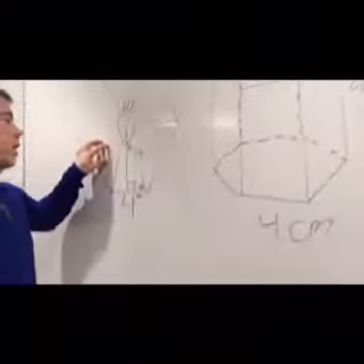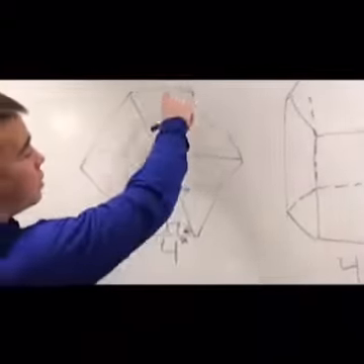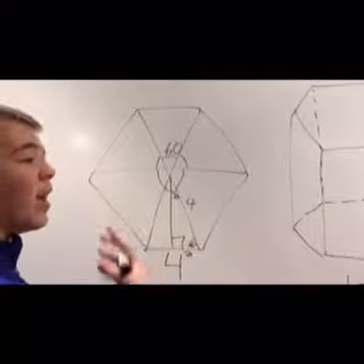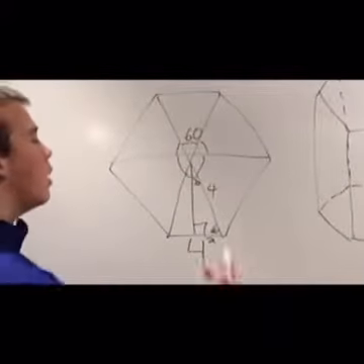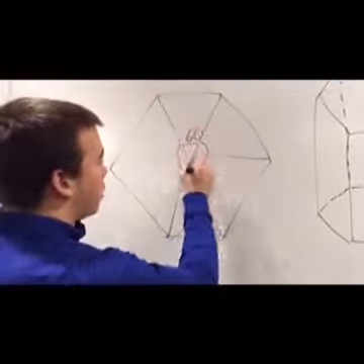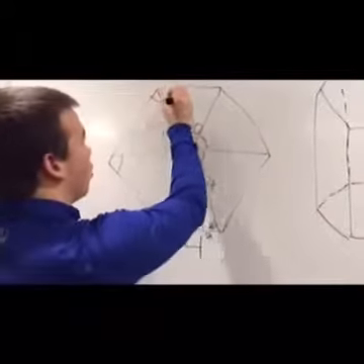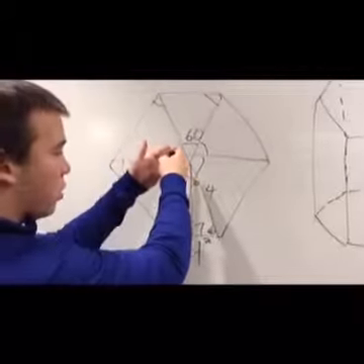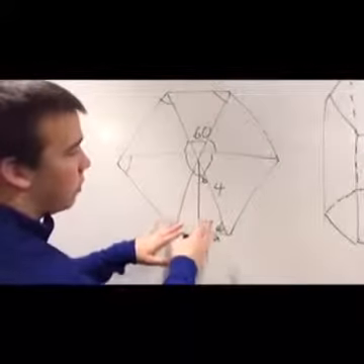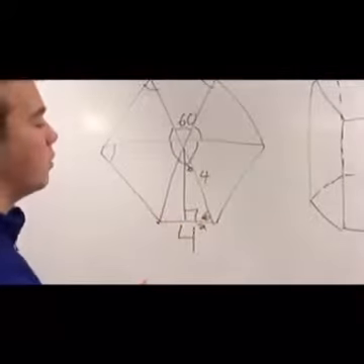So the base over here is going to be a hexagon. And you first want to divide it into triangles. Every time you do that with a hexagon, they are all going to come out equilateral. So all of these angles are going to be 60. Then you split the triangle down the middle to make a 30, 60, 90 triangle.